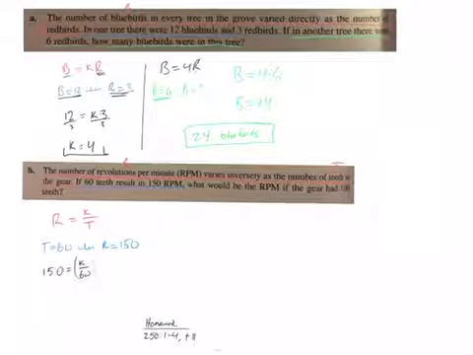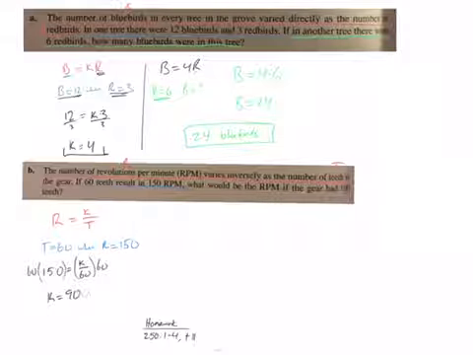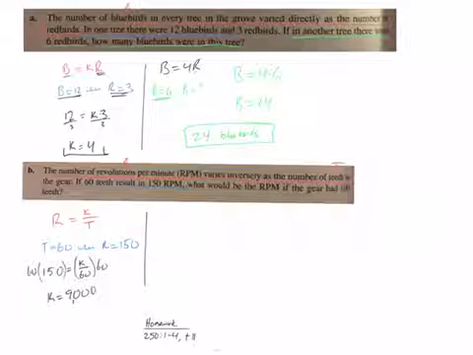To solve for K, I'm going to multiply by 60, and I get K is equal to 9,000. Now I have my particular inverse variation equation. So I can say the revolutions per minute is equal to 9,000 divided by the number of teeth.